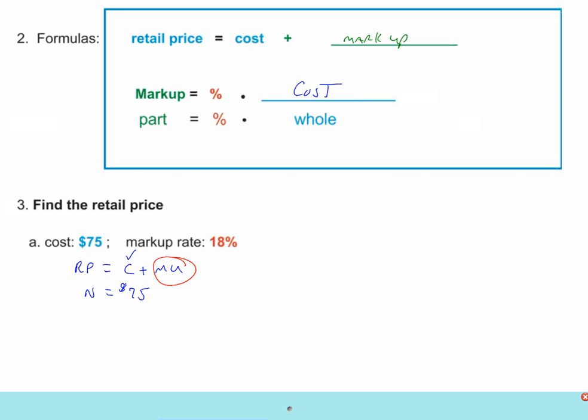This is not the percent. This is the actual amount of money. Your retail price isn't the original cost plus a percent. It's the original cost plus how much money that percent is. So again, we have to do this in 2 steps. We have to first find the markup.